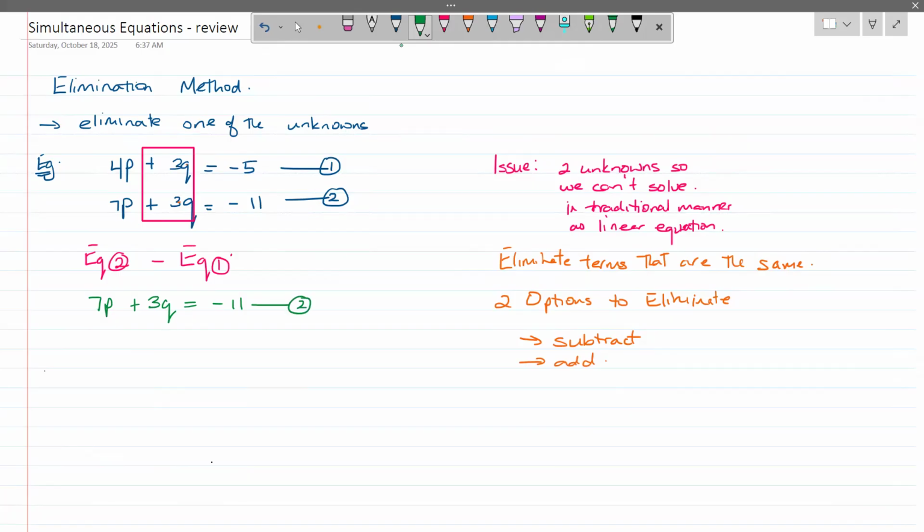This is equation 2. Minus equation 1. Seven p minus 4p will give me 3p. 3q minus 3q will actually give me no more q's.